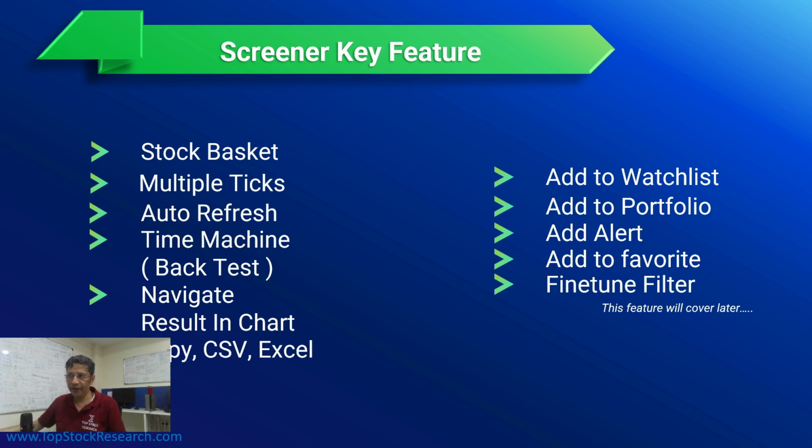So try, test before trade, right? That's basically one of our punchlines. Navigate results and charts, a very useful feature. It saves a lot of time. Copy Excel CSV is for some of you who may have your own Excel model where you want to feed in the information and do some more things, right?